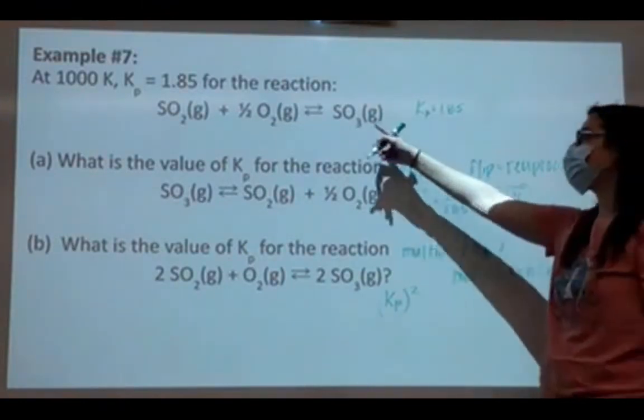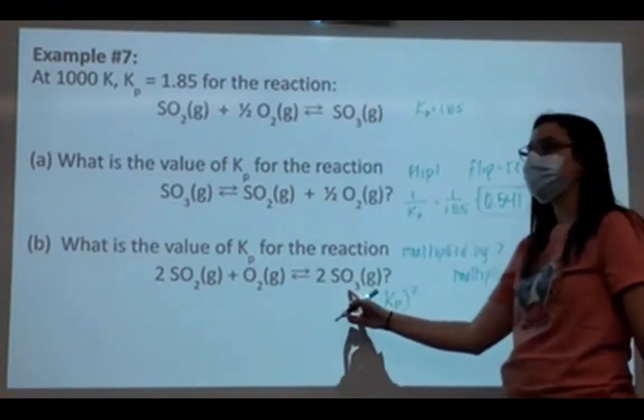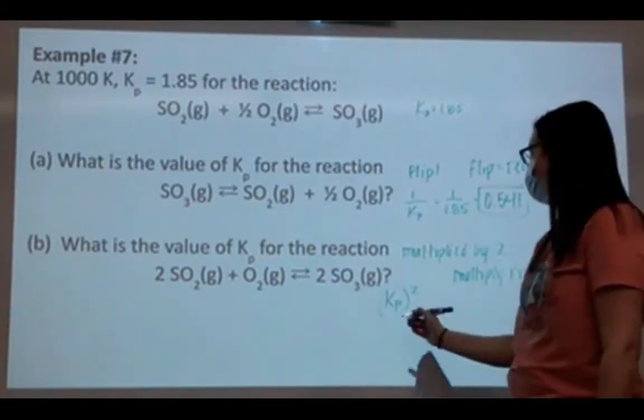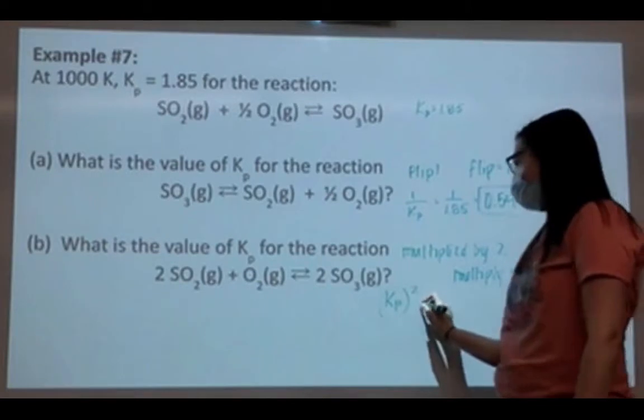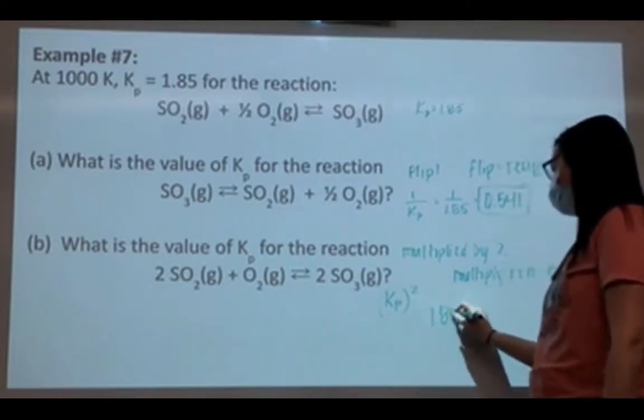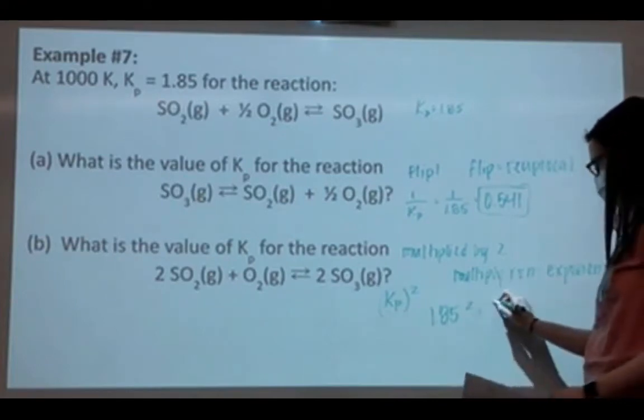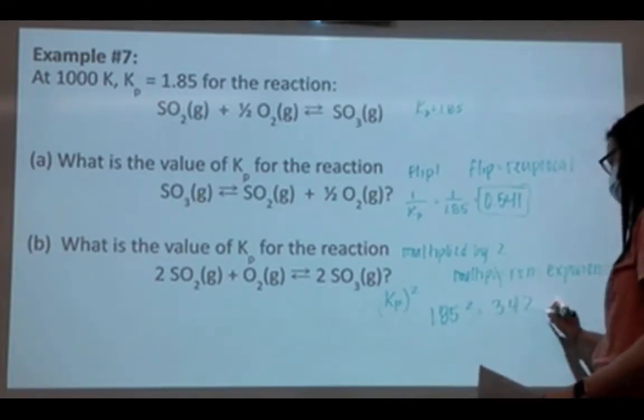Again, if you're not sure, write the K expression. It goes from pressure of SO3 to pressure of SO3 squared on the top. You're squaring that value of K. So 1.85 squared, to 3 sig figs, 3.42.